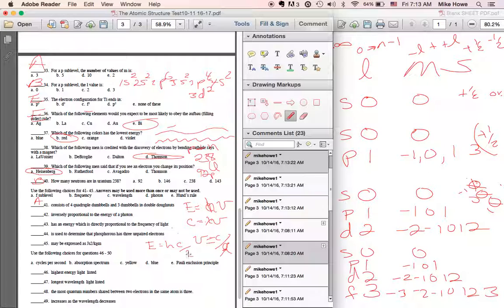There we go. Okay, so E is equal to h times C over lambda. So if this number gets bigger, that number is going to get smaller since h and C are both constants. So inversely proportional to the energy of the photon would be the wavelength of the photon.